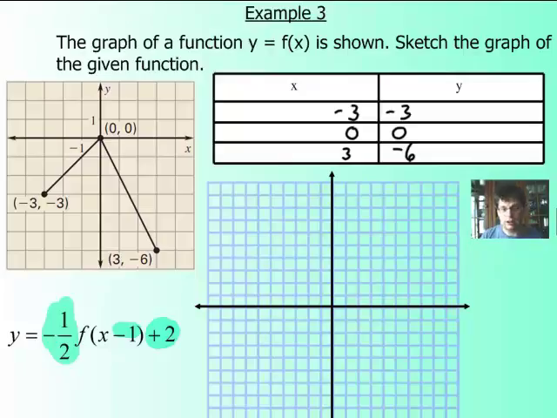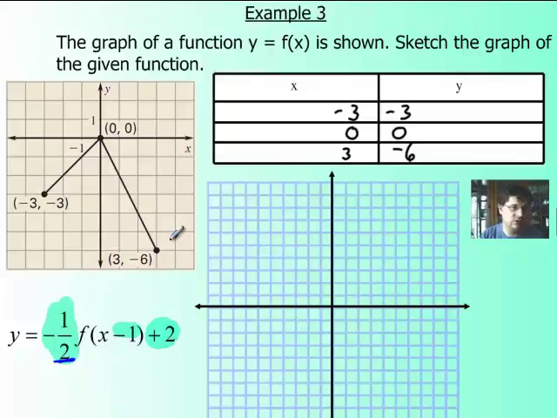So here, let's take a look at what we have on the left. Since I have a 1/2 here, that means we're going to vertically compress it. Now remember, it's a vertical compression. Keyword vertical, meaning that we're only affecting the vertical or the y values. It's not horizontal.